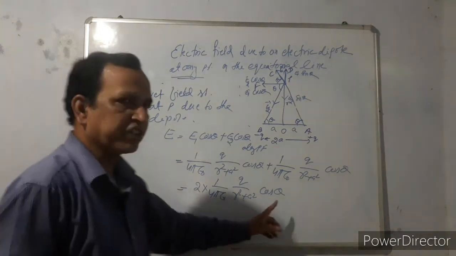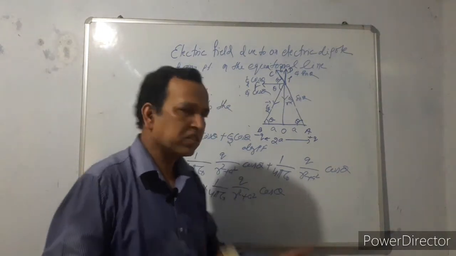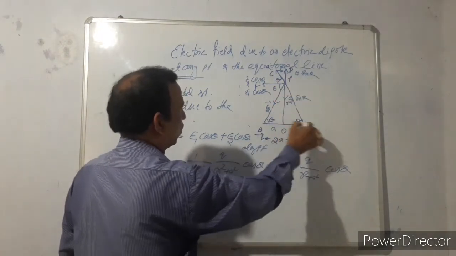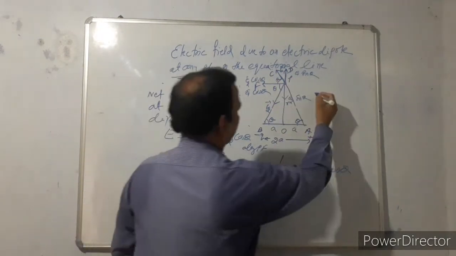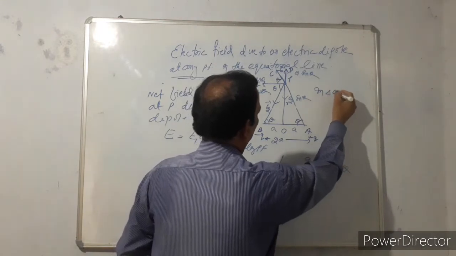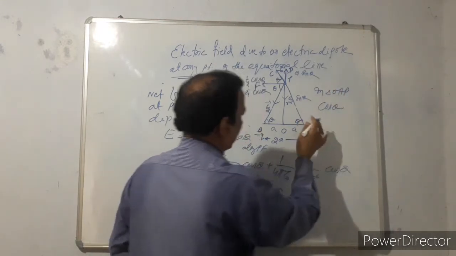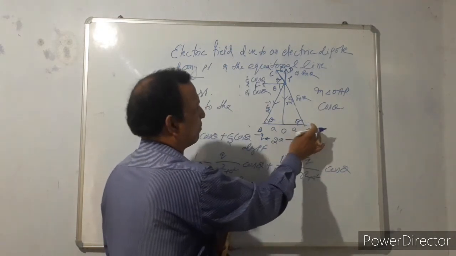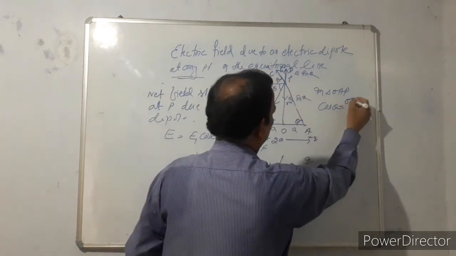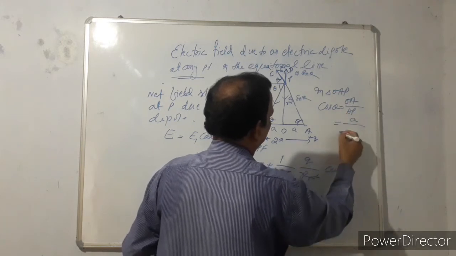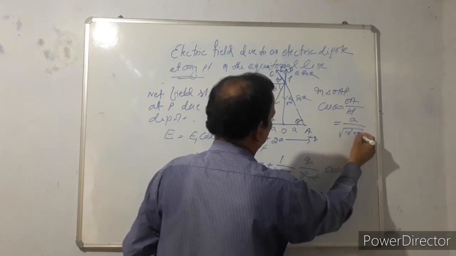Now what is cos theta? In any one triangle, in the triangle OAP, what is cos theta? Cos theta is equal to OA by AP, that is equal to a by square root of r square plus a square.